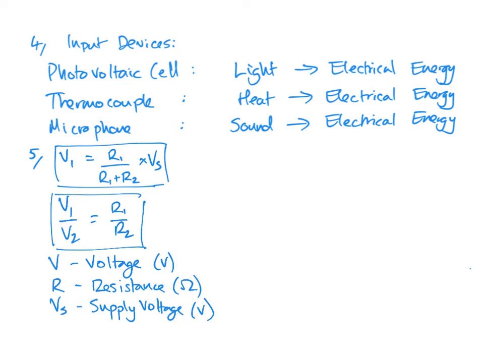Now, we clarified yesterday, it doesn't actually matter which one you label V1 and V2 or R1 and R2. As long as you're consistent, V1 must go with R1, V2 must go with R2. So, example.